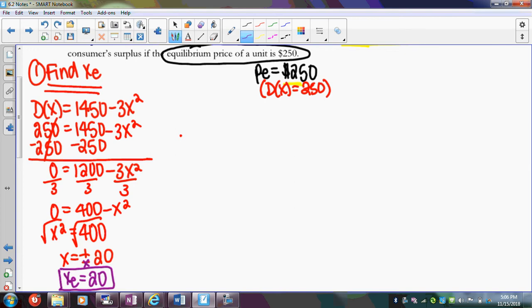That's what it's saying. So now that I have all three things, meaning I have x sub e, I know p sub e, and I know the function d of x, now I can plug into my formula. So I'm going to write down my formula for the consumer surplus.